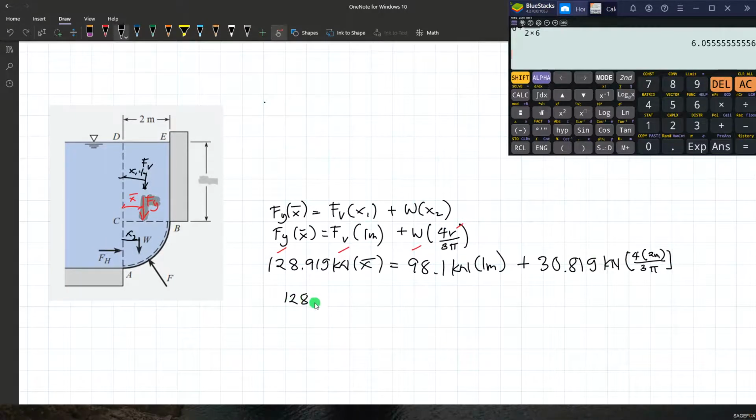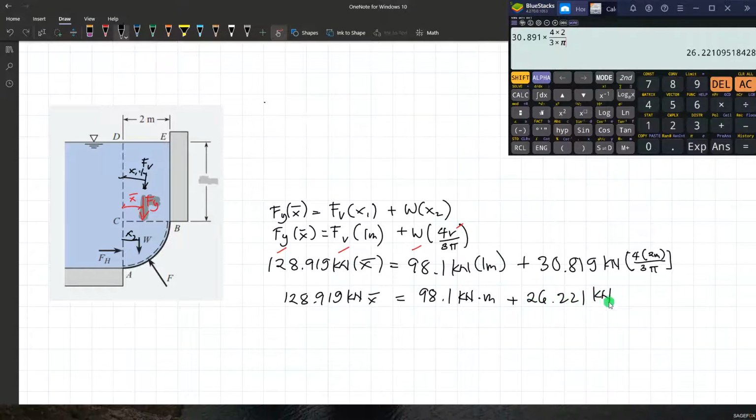This will remain 128.919 kilonewtons bar x, equals 98.1 kilonewton meter plus 30.819 times 4r over 3 pi. So that's 26.221 kilonewton meter.